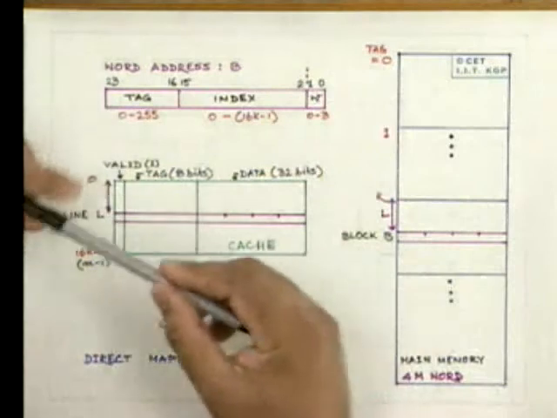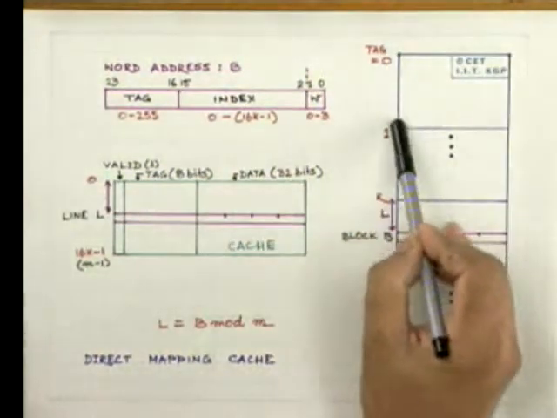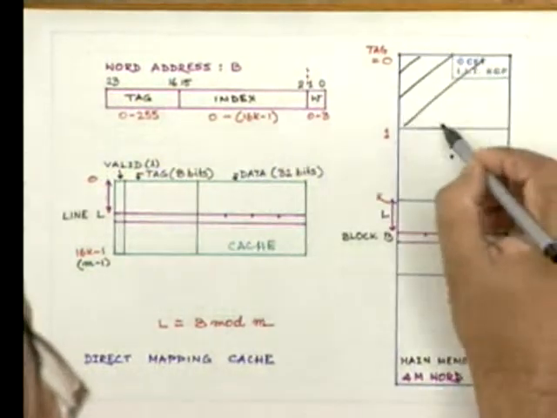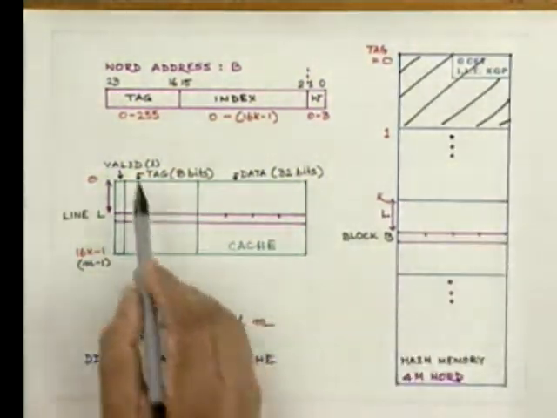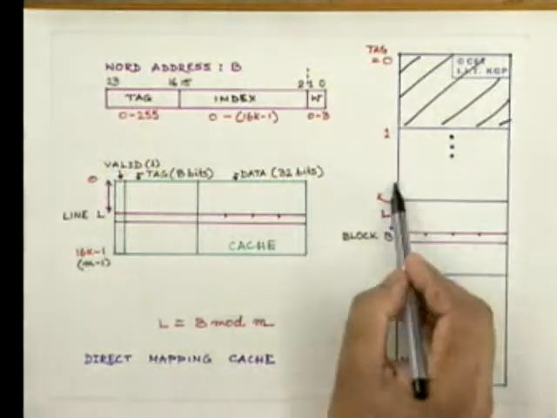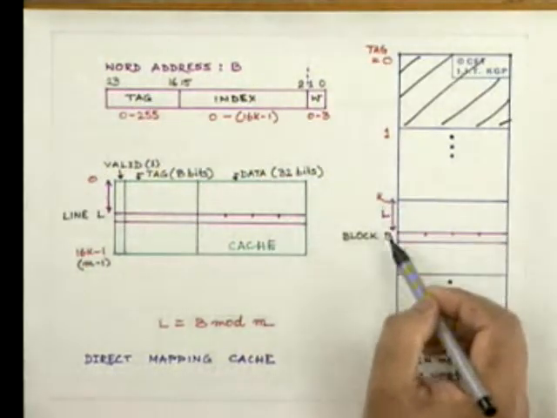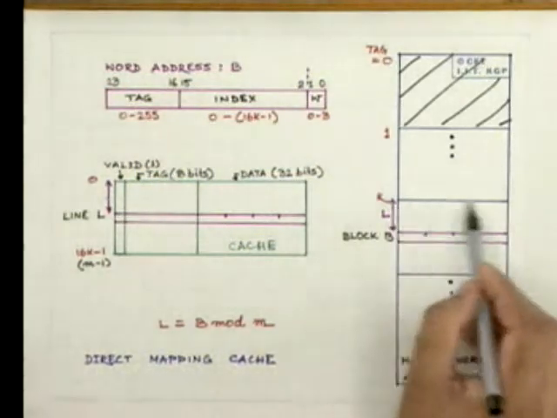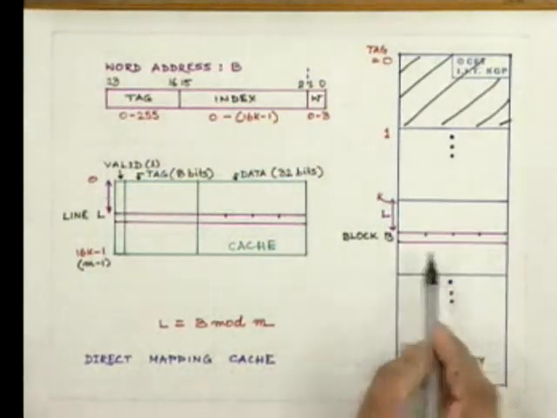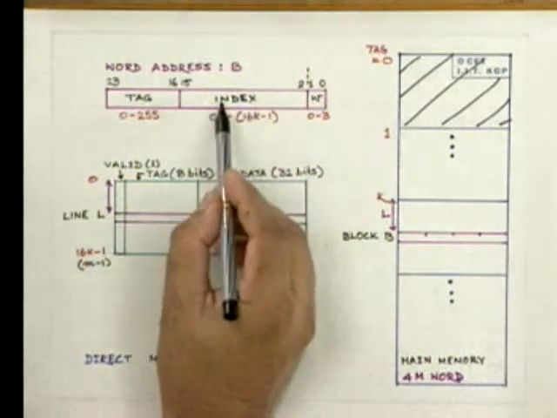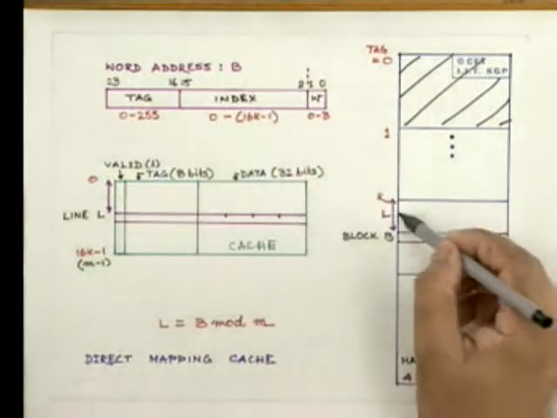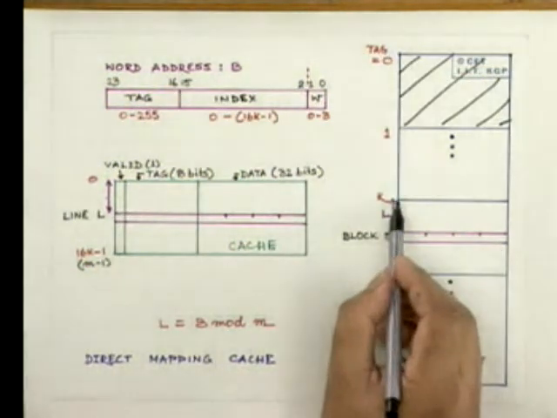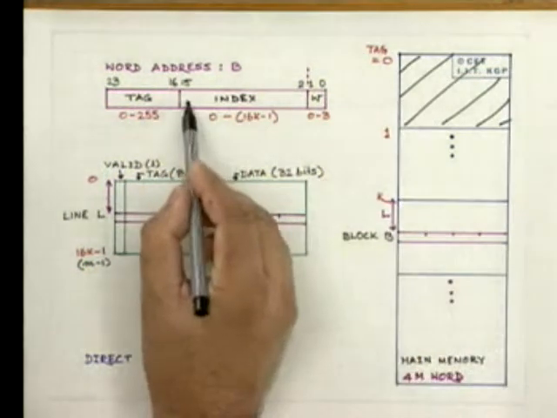Each tag determines one memory segment. For example, this is the 0th memory segment, then the next one will be the first memory segment, and that way this one is the kth memory segment. In any such kth memory segment, this index determines the offset of a particular block from the beginning of that segment, and that is determined by this.